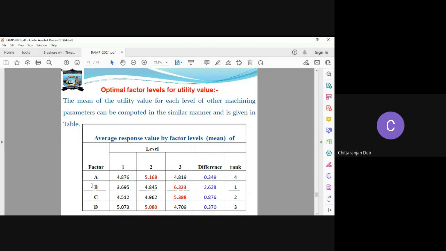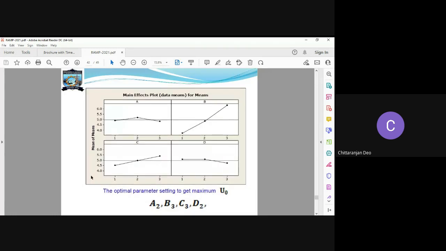It means factor B, feed rate, mostly influences the overall utility value compared to C, then D, and the least influencing factor is A, the applied voltage. Now, looking at this main effect plot, we can observe the optimal parameter setting that we are getting, that is A2, B3, C3, D2.